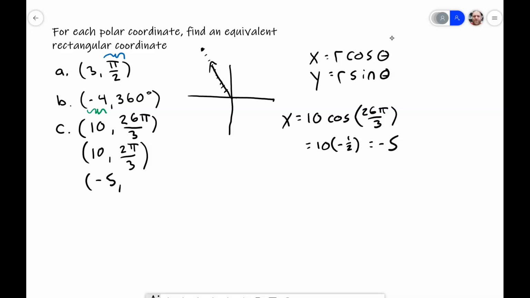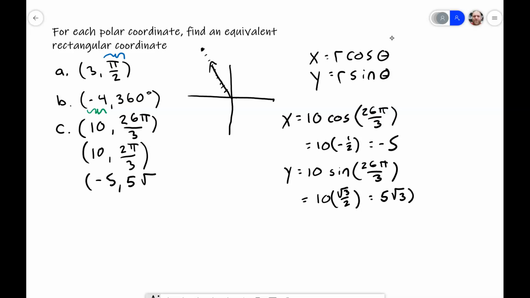And then the y value, our y value would just be 10 times the sine of 26 pi over 3. And that's just going to be 10 times the sine of 2 pi over 3, which is the square root of 3 over 2, and that's just going to be 5 times the square root of 3.